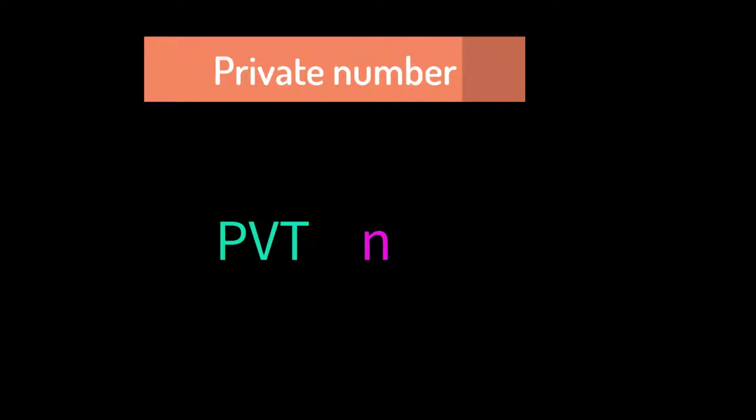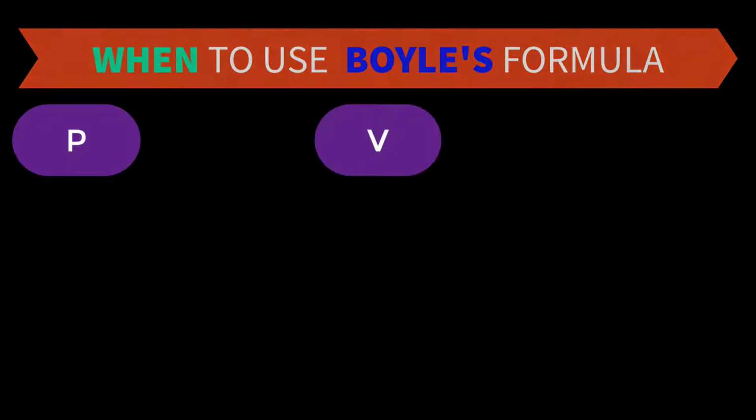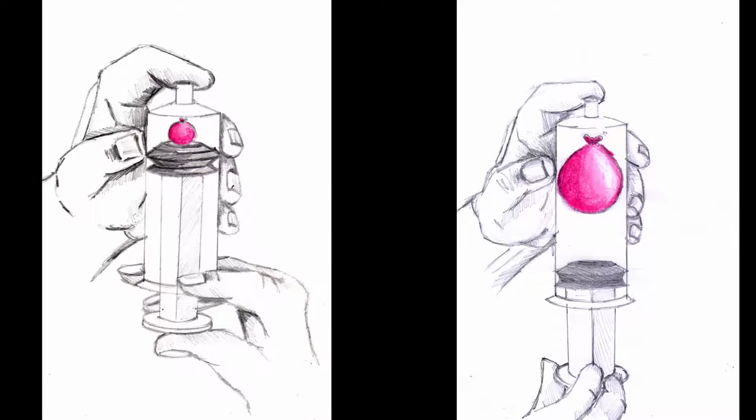Now we will learn when to use Boyle's formula. Out of 4 variables, we need 3 variables for this formula. That is P, V and T. Look at the pictures.